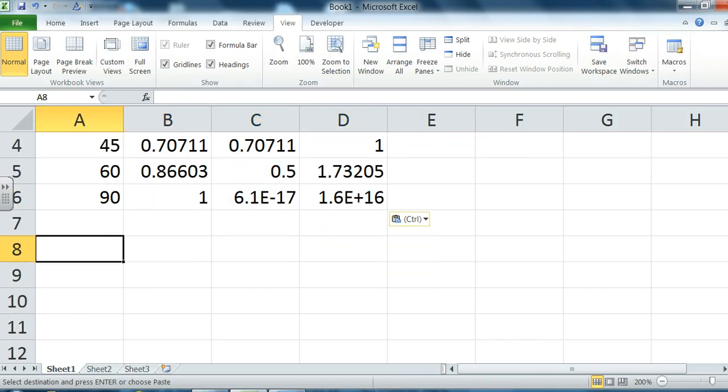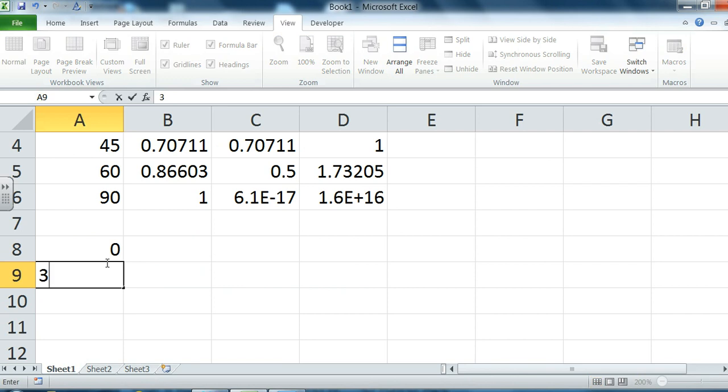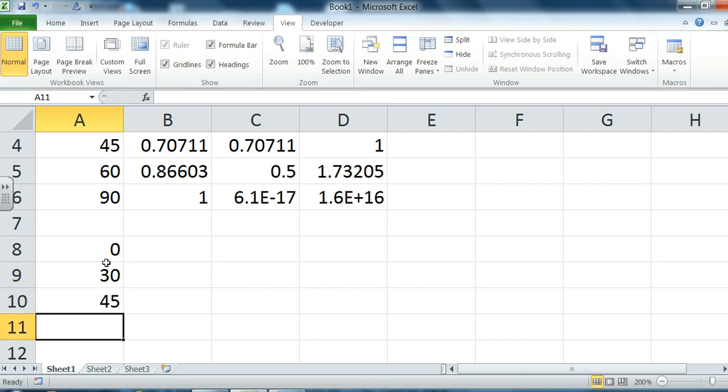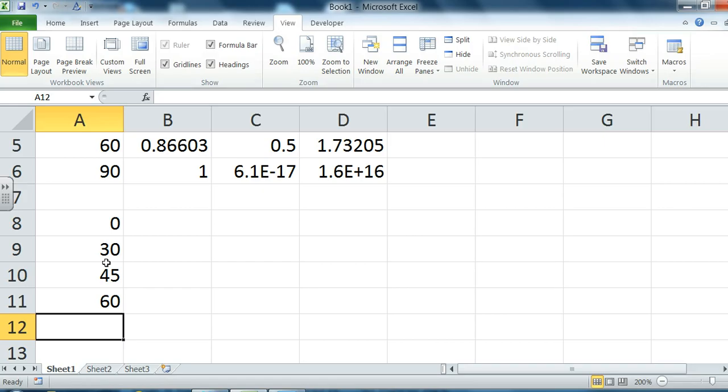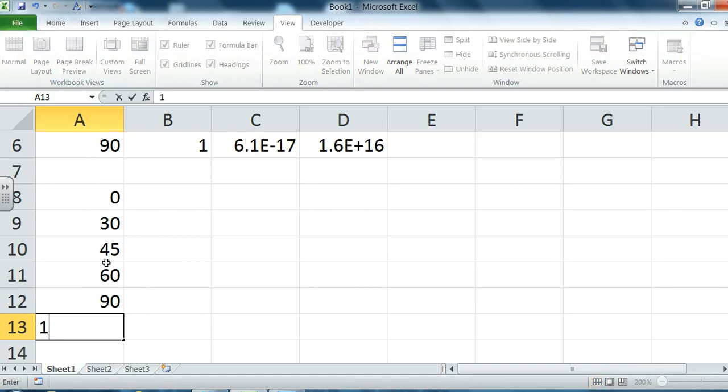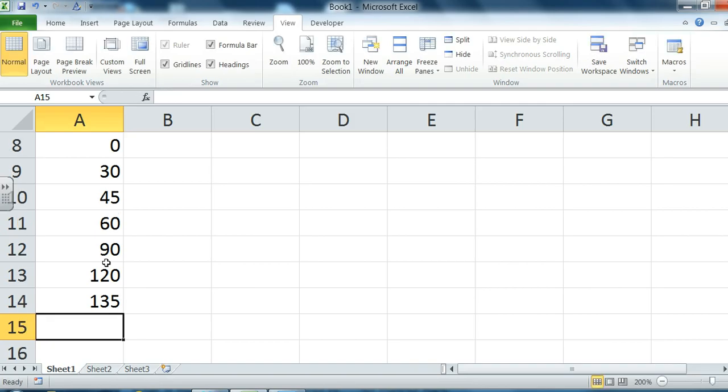All right, so I'm going to deal with 0, 30 degrees, 45 degrees, 60 degrees, 90, 120, 135, 150, 180, 210. All right, so we'll just deal with those for the meantime.